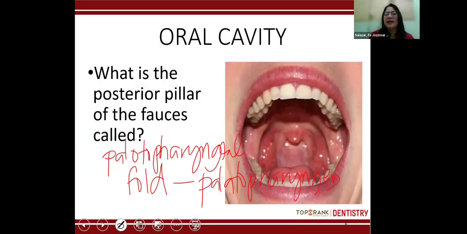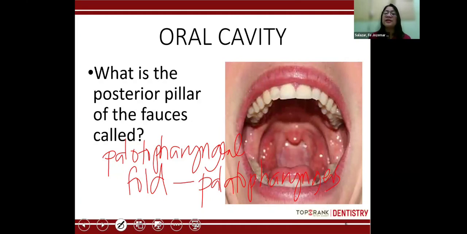Okay, so you already know the two pillars of the fauces. Anterior and posterior, or you have your palatoglossal fold and palatopharyngeal fold.